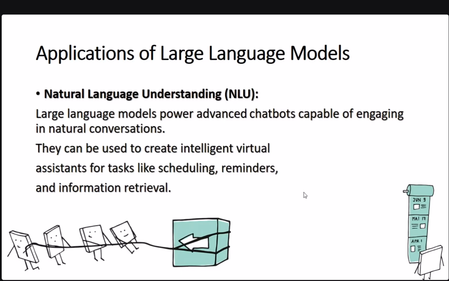For example, I want to have a personal assistant on my own laptop. I can download one large language model on my laptop and use it for tasks like scheduling, keeping reminders and information retrieval.